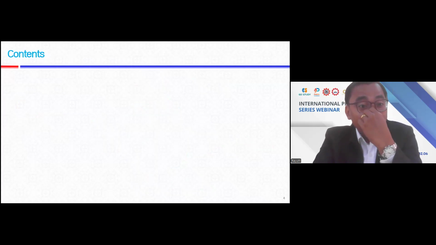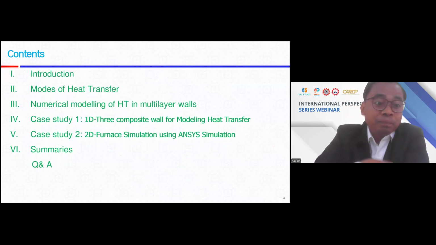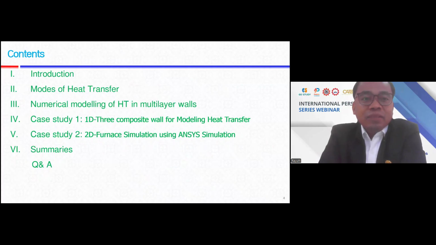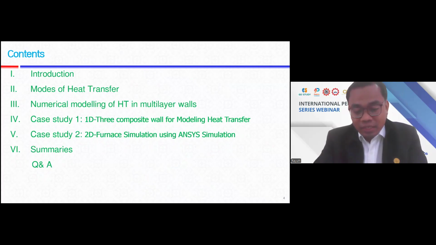So I have only 6 parts of the content. One is the introduction. Second, I will mention only the 3 modes of heat transfer. The third one looks at the mathematics of the modeling of heat transfer for multi-layer walls.